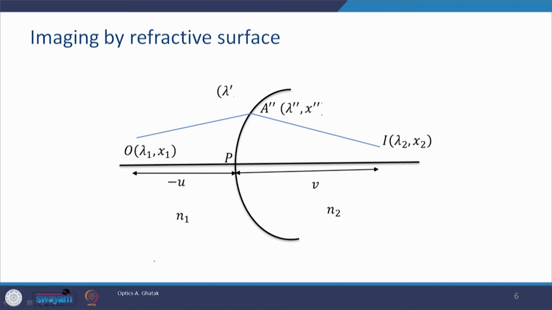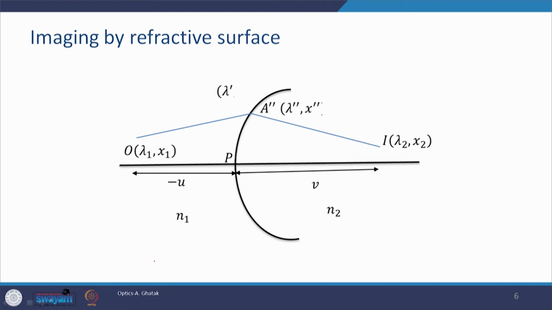Now, as an example, first consider imaging by a refractive surface. This we have already done. We have seen how a refracting surface refracts and how it governs the refraction, and how to calculate focal length in the case of a refracting surface or two refracting surfaces.